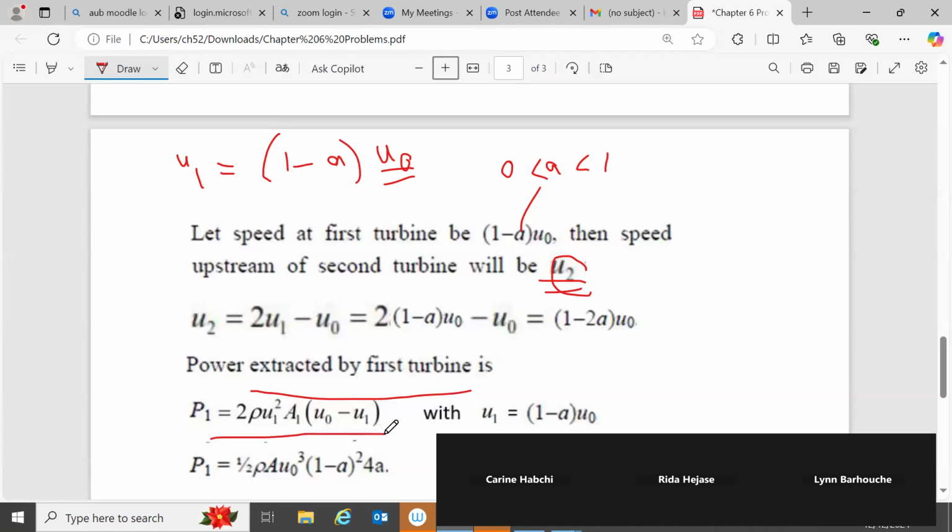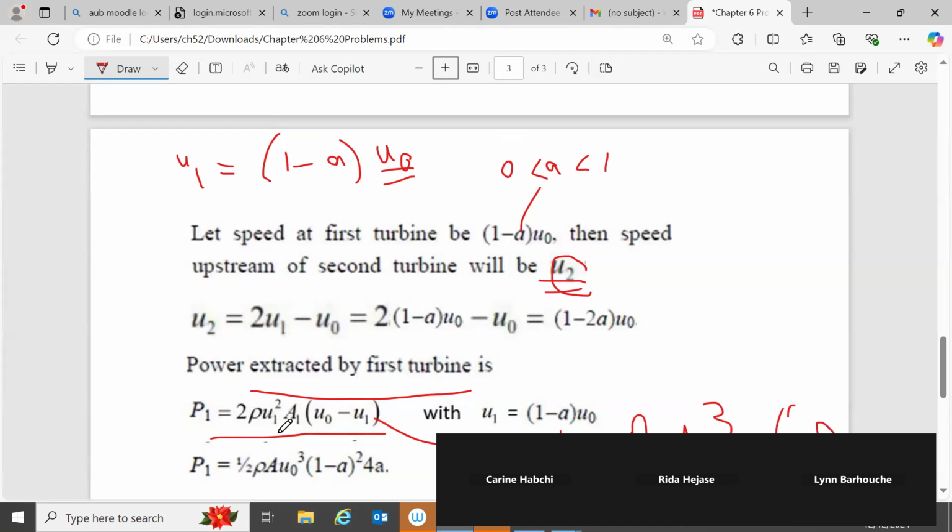Look, this is the actual power. When do you put CP? If you do half rho A U0 cube, okay, you multiply by CP. But if you put U1 cube, you don't multiply by CP.